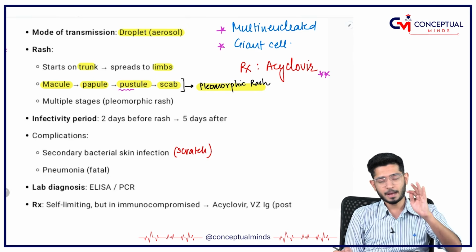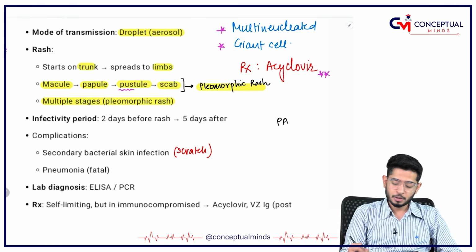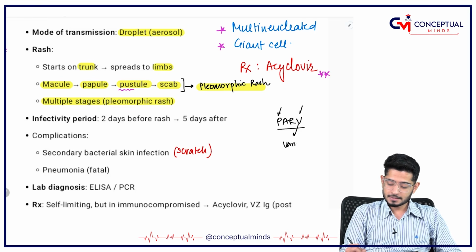The macule, the papule, the pustule, the scab formation, multiple stages, pleomorphic rash, and this is a very important question. Mind you, P and V go together, as in my name also, V for varicella, P for pleomorphic rash.